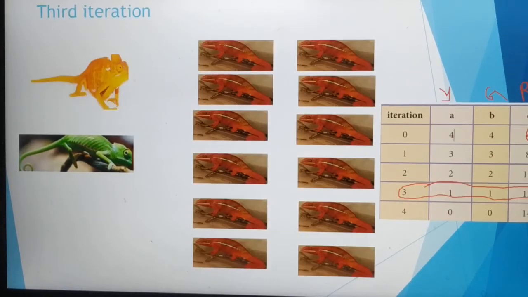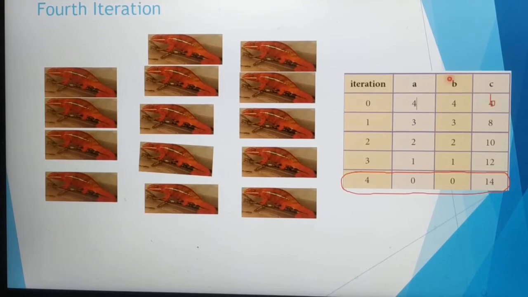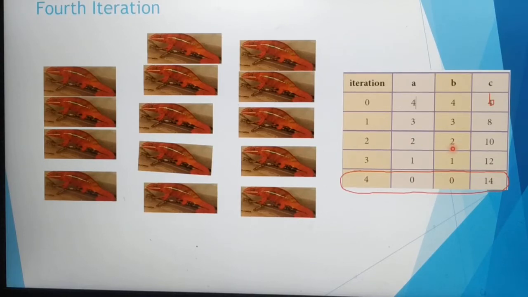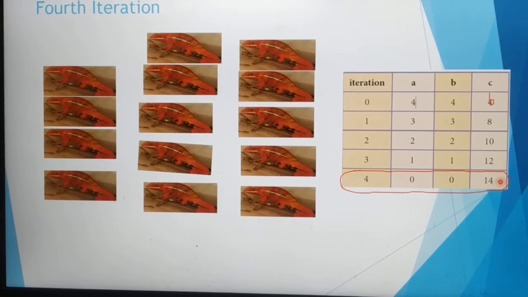This process is repeated until all the chameleons become the same type. Finally all the chameleons become the red type. We have 0 in A type, 0 in B type, and all 14 chameleons become C type. So we have 14 C type chameleons.